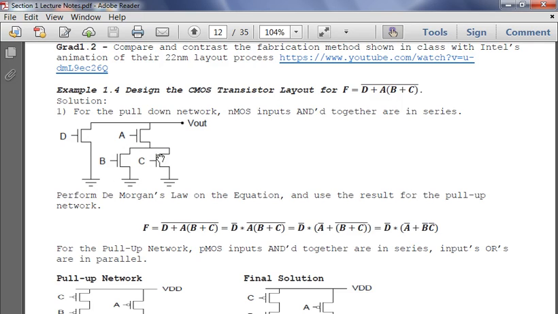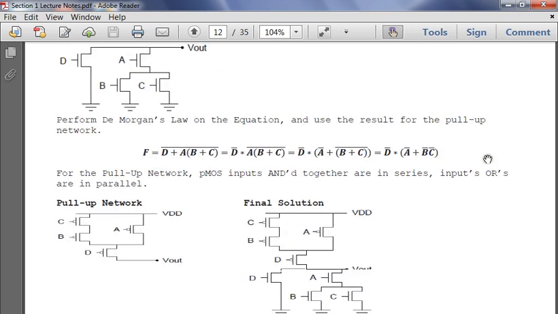Then we do the De Morgan, which is the exact same equation, just doing De Morgan's laws to make a map for the PMOS. So here, we complete it: it's D and quantity A or not B, not C, right? So we can just follow the map. So it's D and quantity A or B, C.